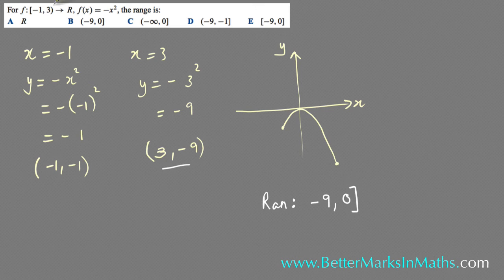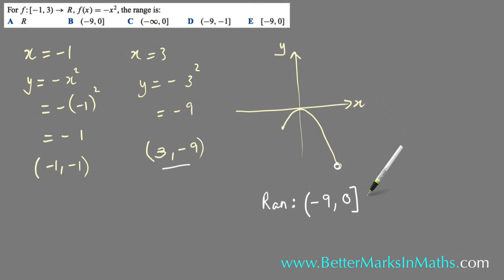Because this has a round bracket on it for that x value, that means that this whole point is not included, and here really should be an open circle. So that means there's going to be a round bracket here for this y value. So the lowest y value is at -9 non-inclusive, and the highest value is the turning point up here where y is equal to 0.